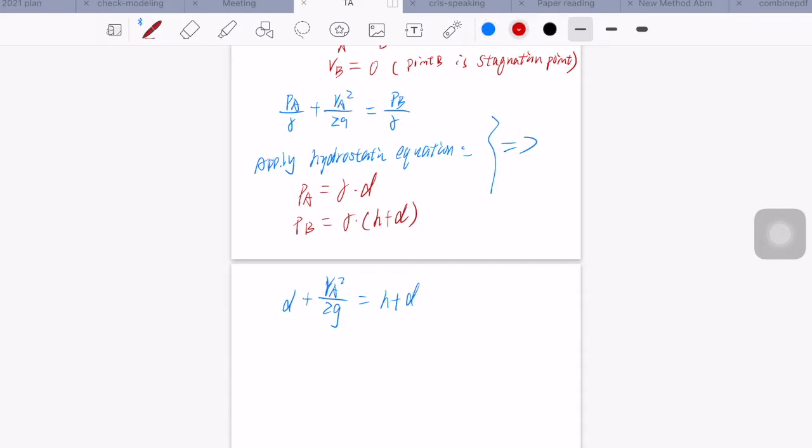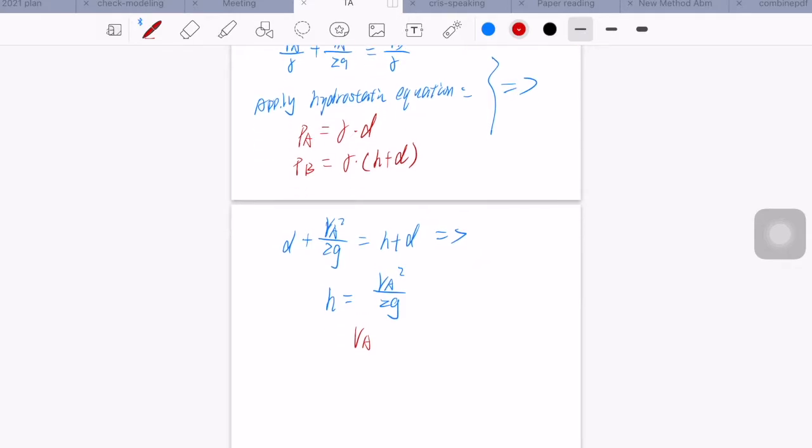And we can determine that H should be equal to VA squared over 2g. And we know VA is 6.6 meters per second, and g is 9.81 meters per second squared.